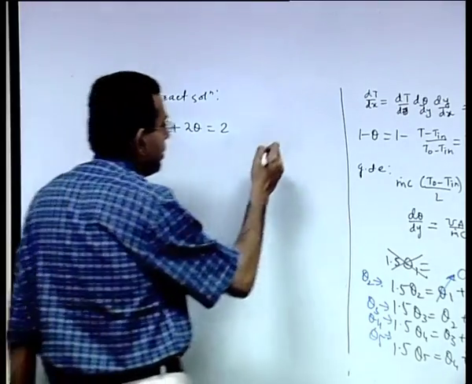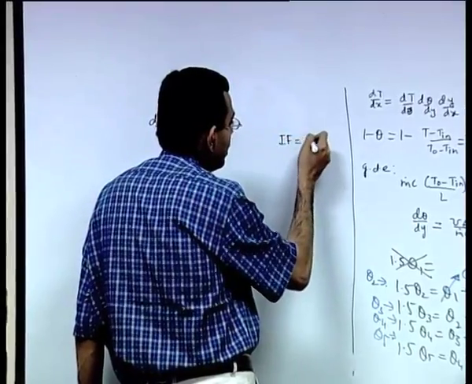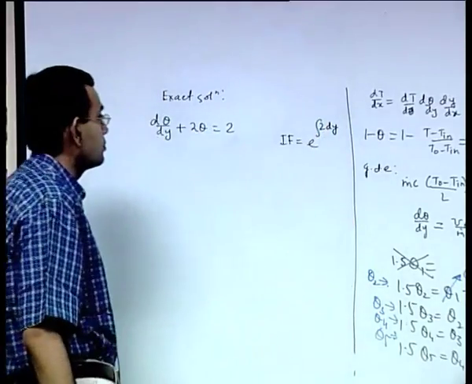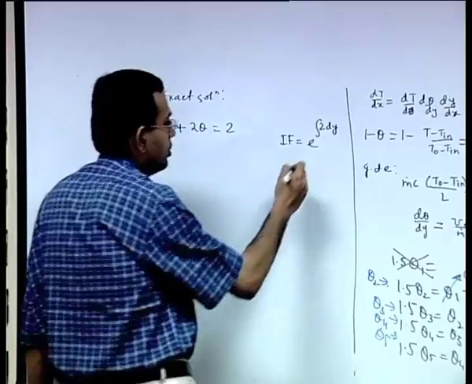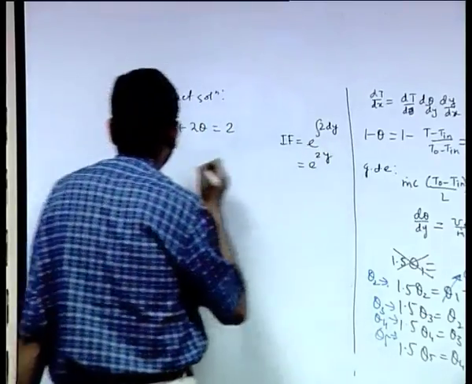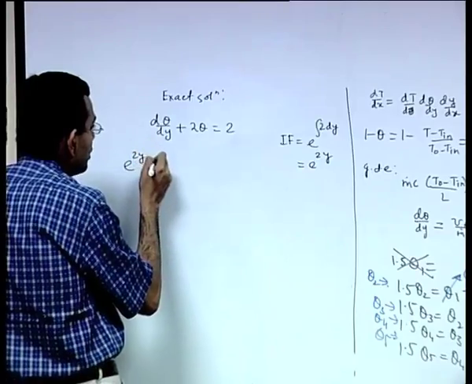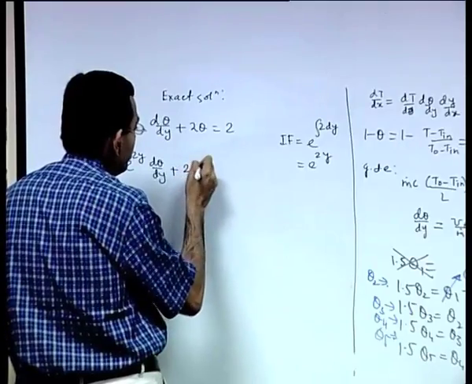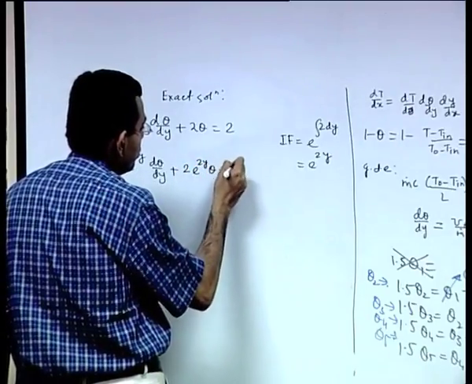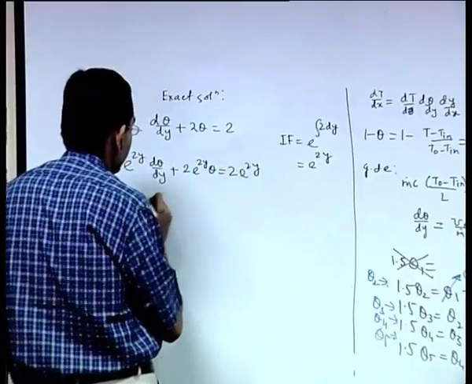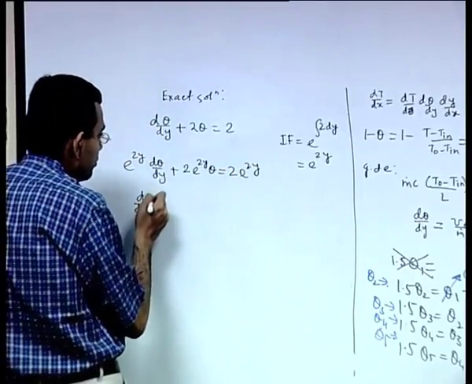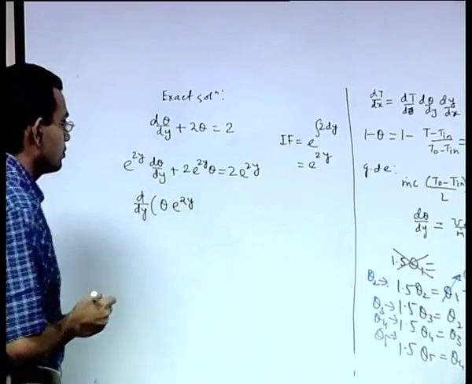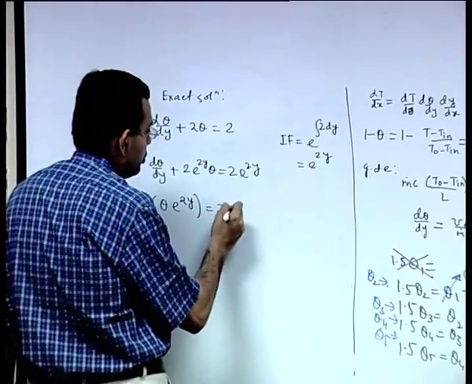So, you can multiply both sides with an integrating factor e to the power integral 2 dy. So, e to the power 2y. So, e to the power 2y d theta dy plus 2 e to the power 2y theta is equal to 2 e to the power 2y. So, d dy of theta into e to the power 2y is equal to 2 e to the power 2y.